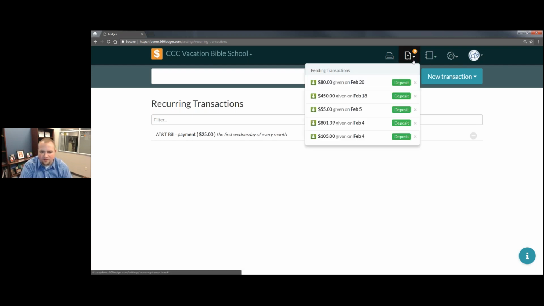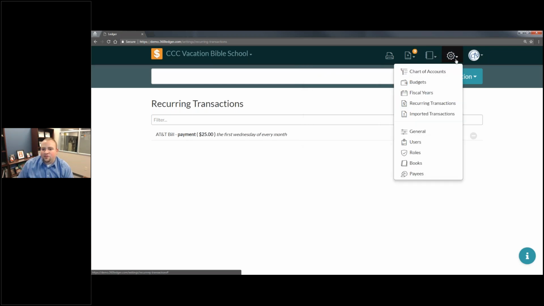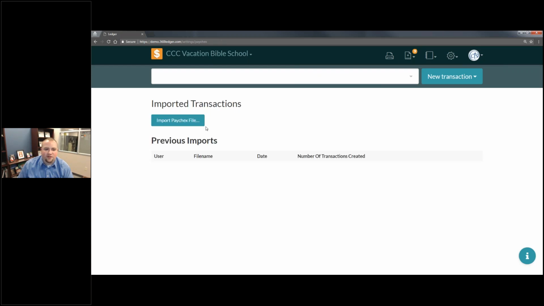If you use Church360 members and you've entered offerings through it, you can click on there and see all the offerings. If you use our payroll import from Paychecks, that would show up in there. If you go and do imported transactions, you can import the Paychecks file there.